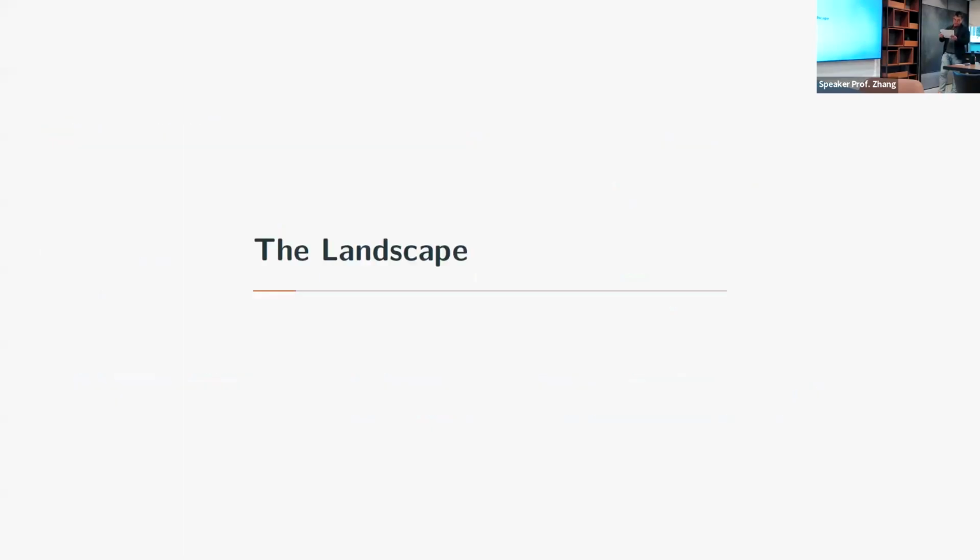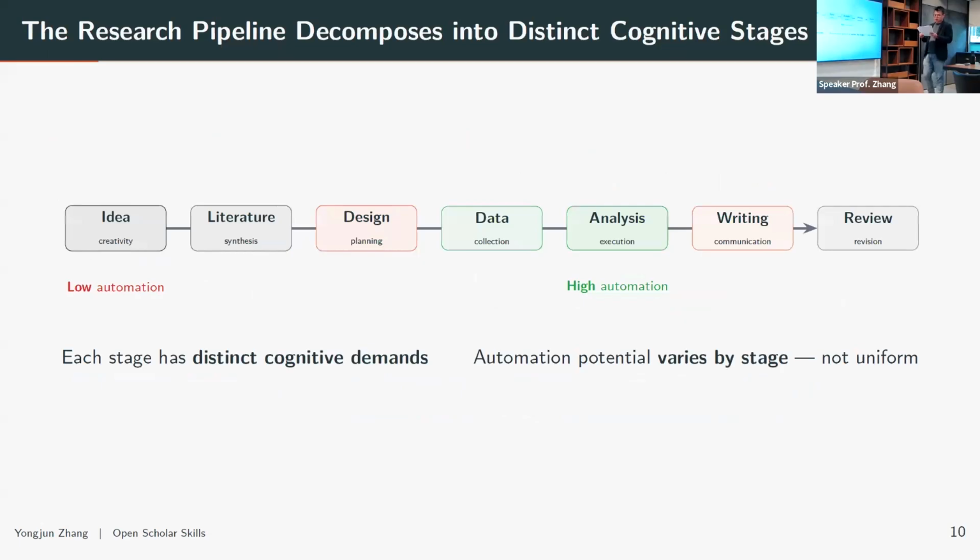So here, I'm trying to give you some high-level understanding of open source skills. Doing research is not one undifferentiated thing. It has at least several stages: idea formation, literature review, design, data, analysis, writing, review.